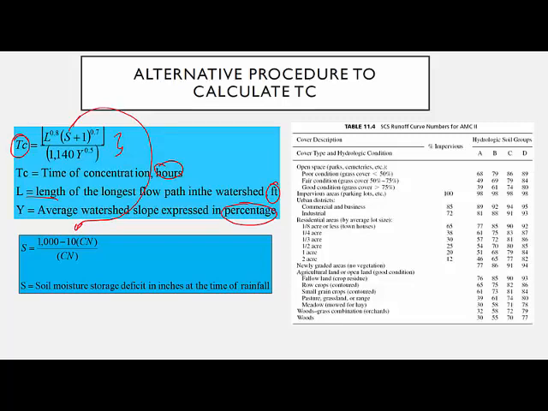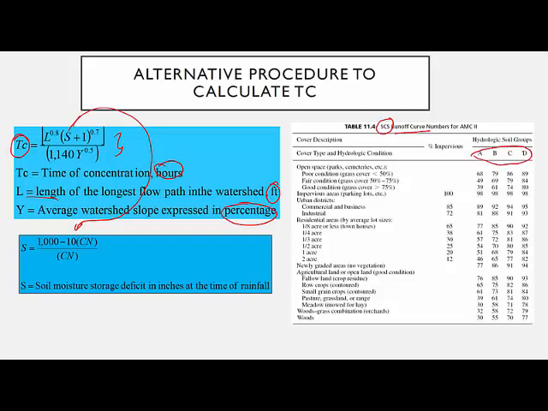So whenever the problem tells you to calculate the time of concentration using the Soil Conservation Service method, the SCS method, it is using what we call the runoff curve numbers. The runoff curve numbers, we'll see how we use them in other ways later, but for now, what happens is that it takes into account the antecedent moisture condition of the soil and also the type of soil.